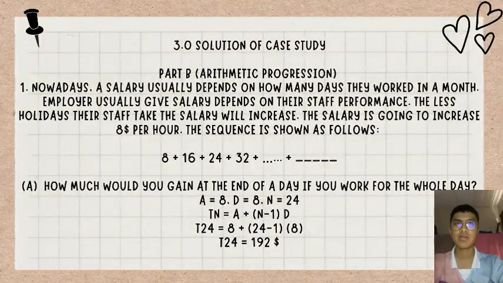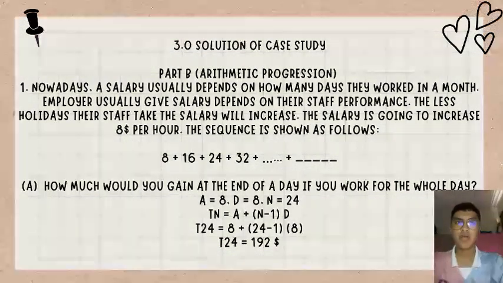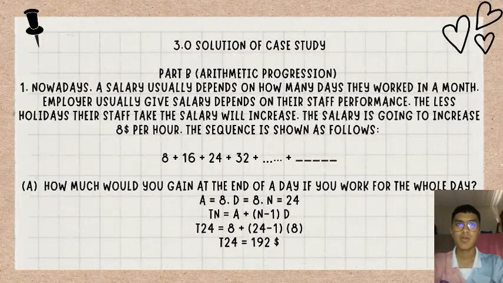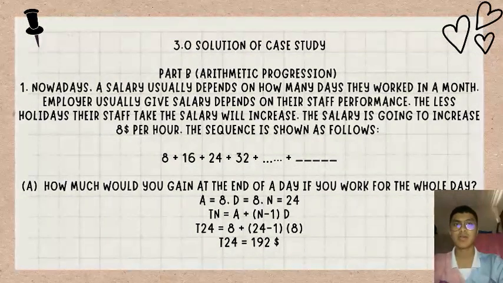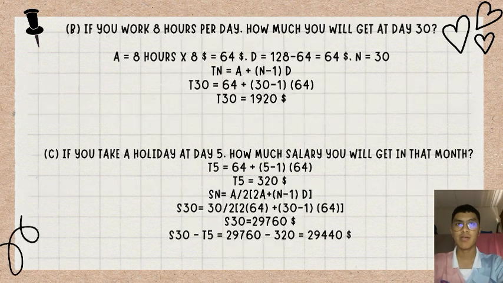So we can use Tn equals A plus (N minus 1) times D. So T24 equals 8 plus (24 minus 1) times 8, and we will get T24 equals $192.